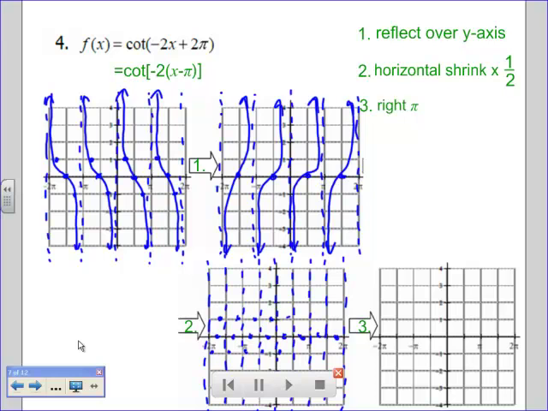Down to negative 1, up to positive 1. Connect the dots with a nice smooth curve, and you'll get your transformed cotangent graph.